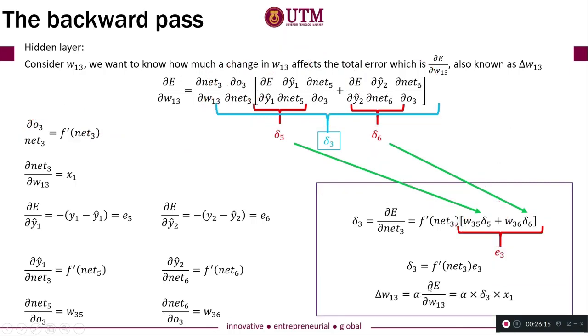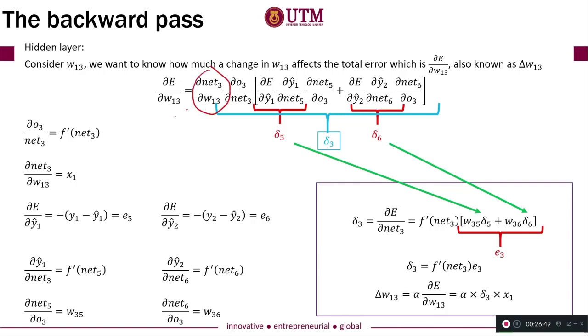At the end, again, you want to find your update. The update of W13 is equal to alpha times del E over del W13, which is equal to alpha times delta 3 times your X1. This X1 here comes from here; just remember that this is your X1.